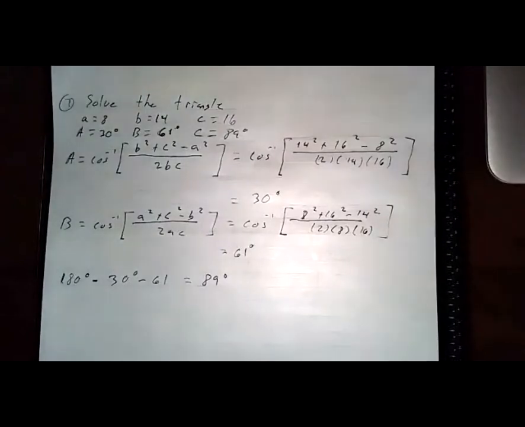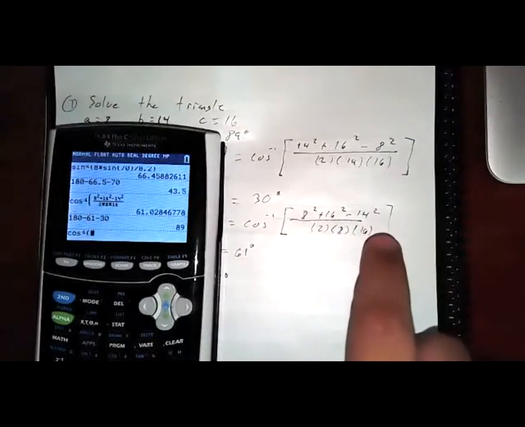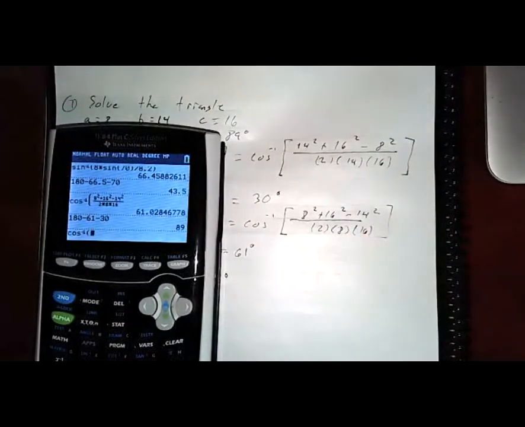For B, can you do the calculation on your calculator? I don't know why I'm not getting the 61. Okay, I'm going to pretend I have your calculator. I don't have the fraction button. I have the TI-83. So what you're going to have to do is put an extra set of parentheses for the numerator.